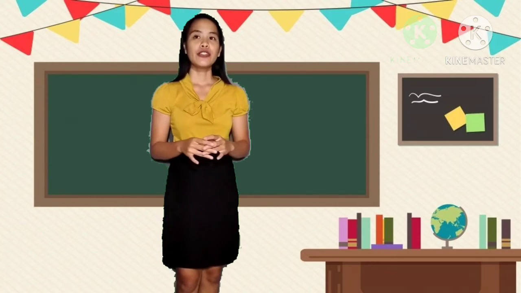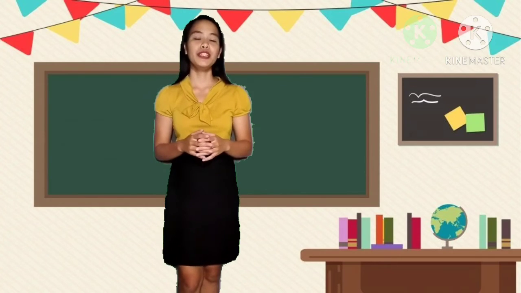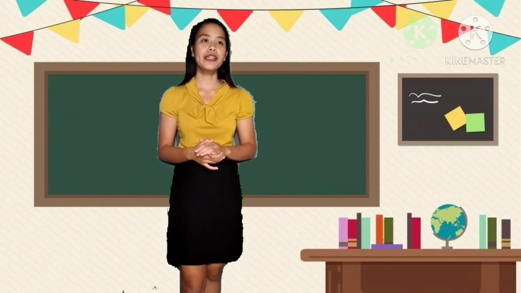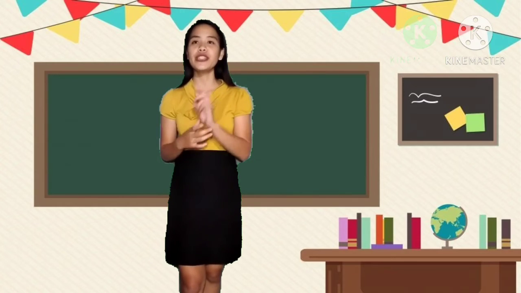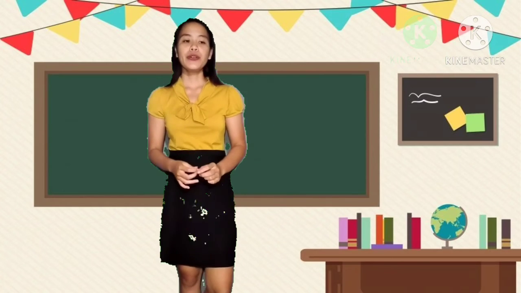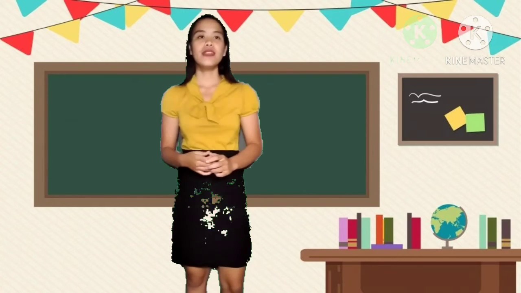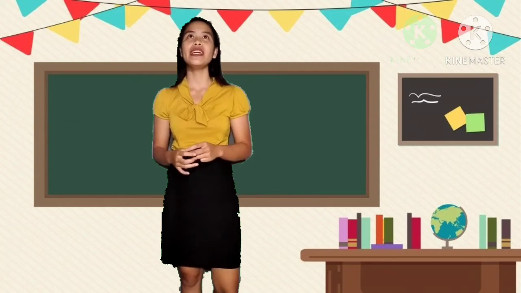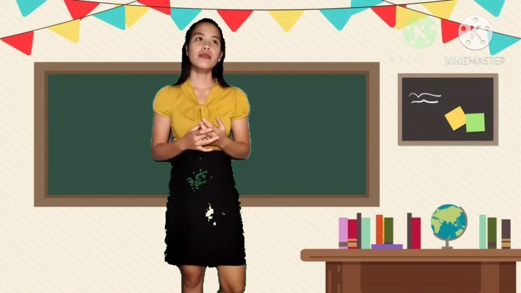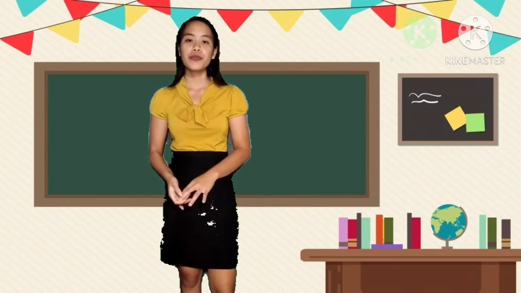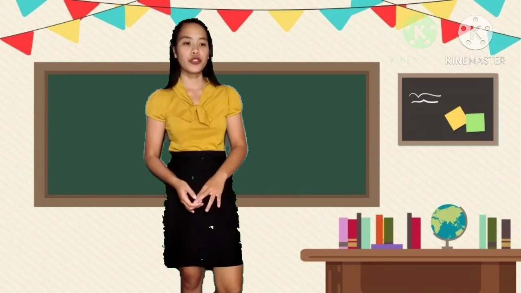So to test that everyone has learned for today, please get one sheet of paper. We will have a short assessment. Our short assessment is identification. So you will identify if a given situation or a given statement belongs to hydrosphere, biosphere, atmosphere, or geosphere.